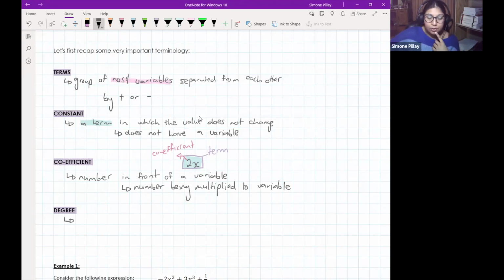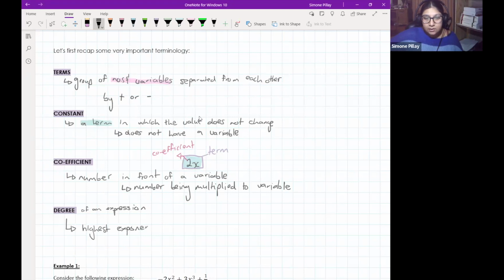So when I talk about the degree, and we talk about the degree of an expression, the question will always be, what is the degree of the expression? The degree of the expression, and I feel like this is very cramped now, is going to be the highest exponent.